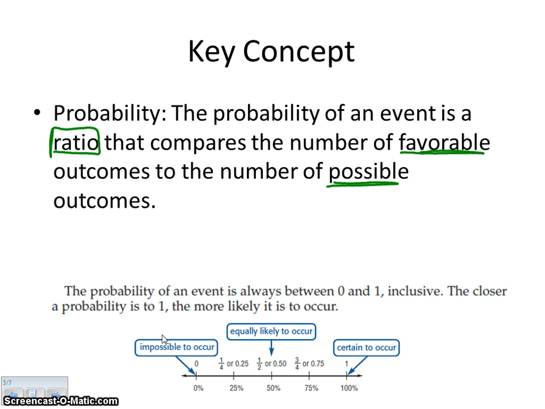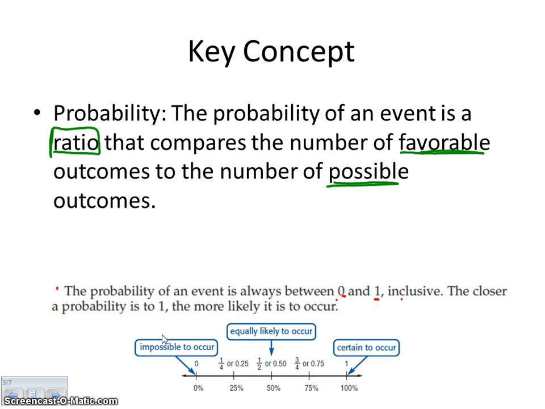And down here, we say that the probability of an event is always between 0 and 1 inclusive. Inclusive just means including anything between 0 and 1. So the closer the probability is to 1, the more likely it is to occur.